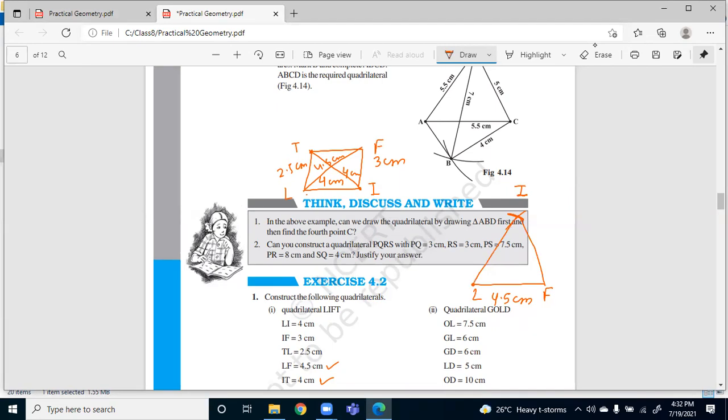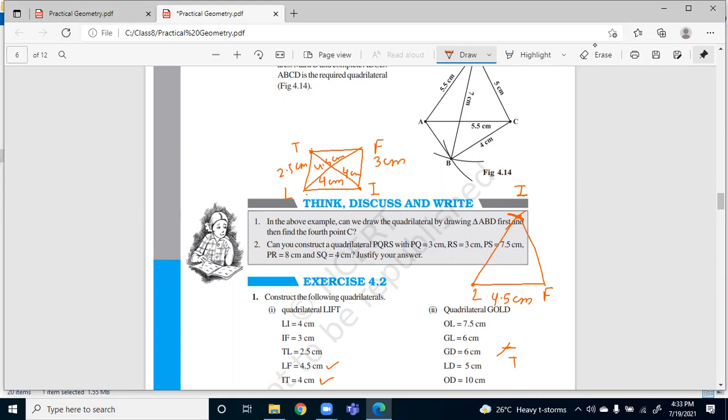So at point I will put the needle of the compass and draw an arc at 4 centimeters. I know LT is 2.5 centimeters, so I will measure 2.5 centimeters on the compass, put the needle at L and cut it at 2.5 centimeters. So I got the point T.